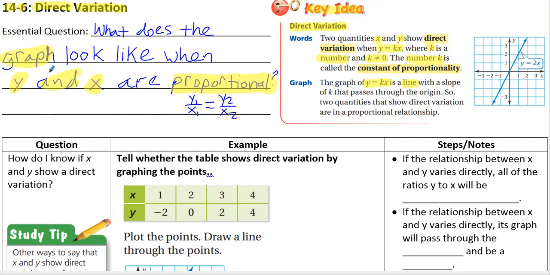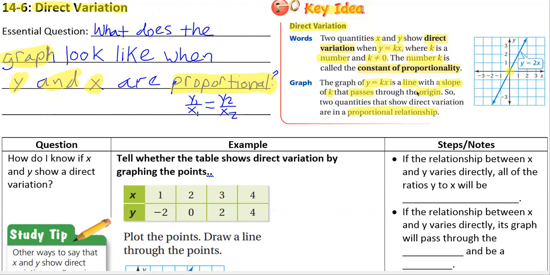This is already helping us answer this essential question with a slope of k. So slope and k are the same thing. And this line passes through the origin. That's 0, 0. So there it is. It's a line. It passes through the origin. So the two quantities that show direct variation are in a proportional relationship.